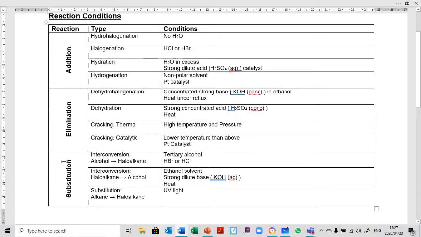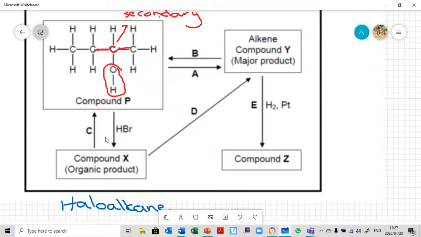But I know that I started with an alcohol, and the alcohol forms a haloalkane. So now I can assume that compound X is a haloalkane. This Br here would have replaced this OH, and the OH and that H that gets left over there will form water. Okay, so now I know that compound X is a haloalkane.